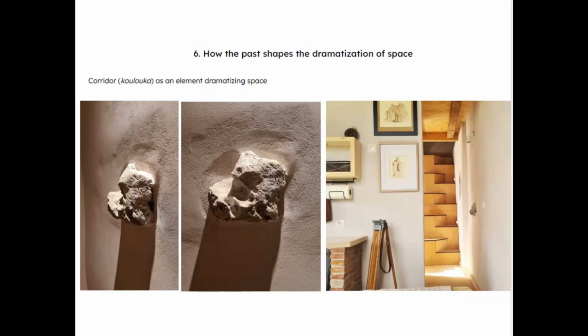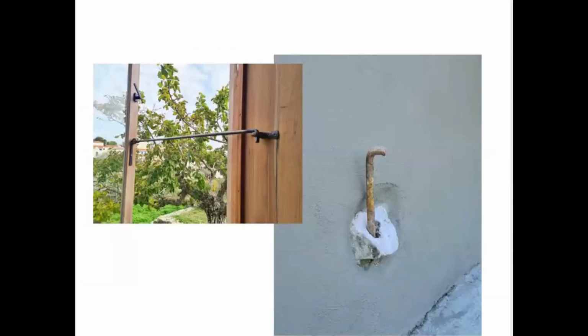So I maintained it. It's usually in the basement, the lowest level of the house. And you can see this kind of thing on the outside too. This is also kuluka from the outside.